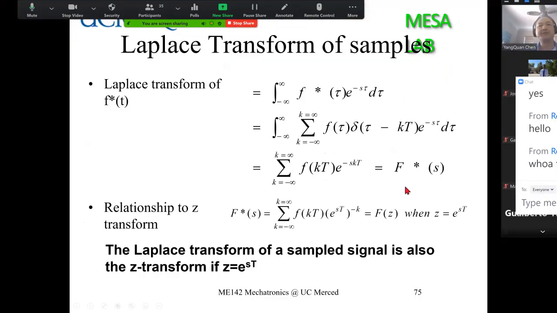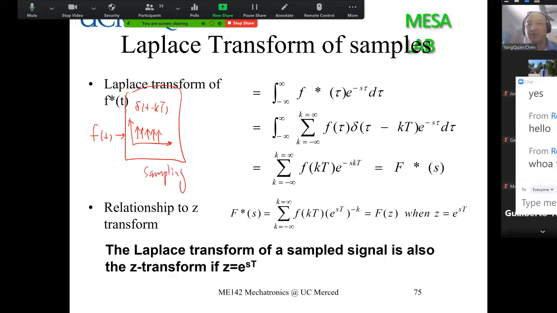So here's why. We try to understand. I told you that you have f of t going through a comb filter pulse. These are delta of t minus kT. You go through this pulse. This is called the sampling process.